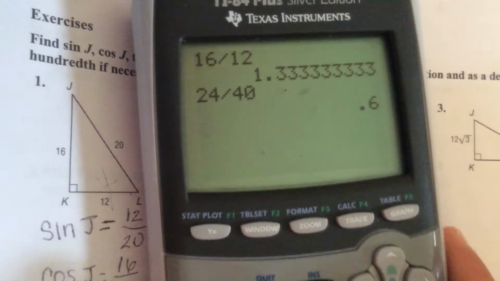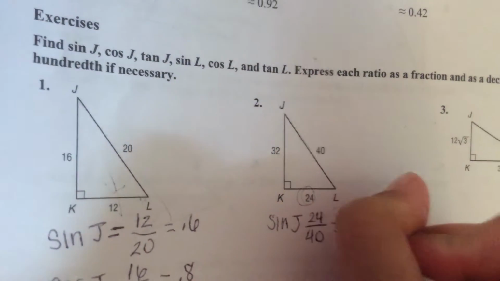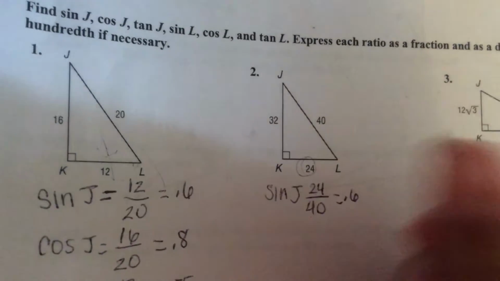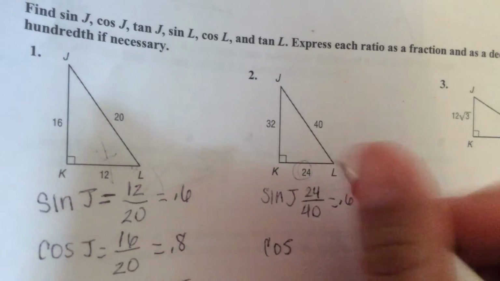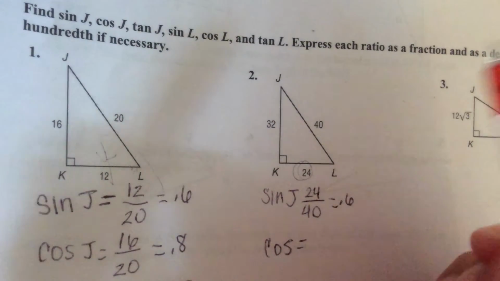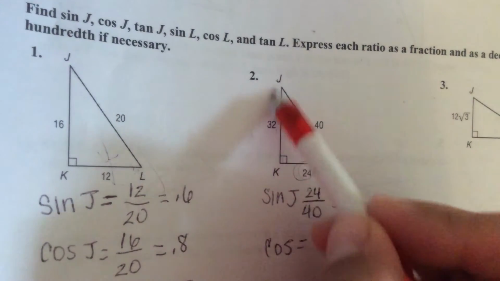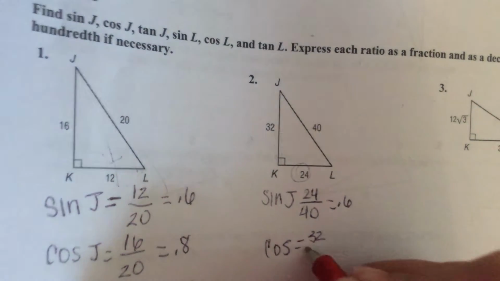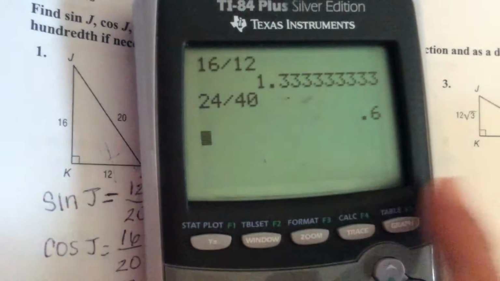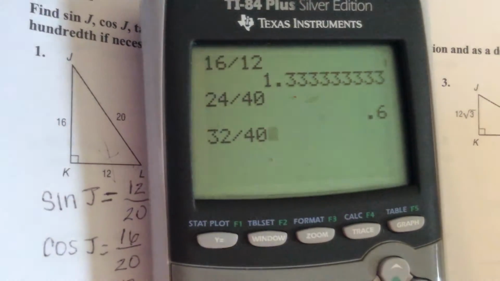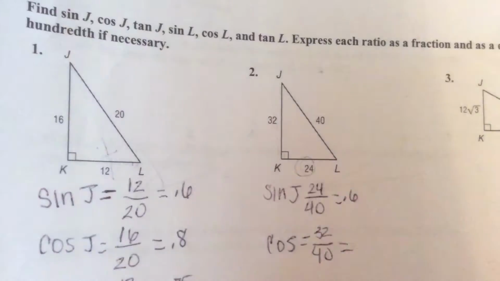That gives us 0.6. Cosine, CAH, adjacent over hypotenuse. This would be the adjacent side, 32, over your hypotenuse, which is 40. Put that into the calculator. Gives you 0.8.